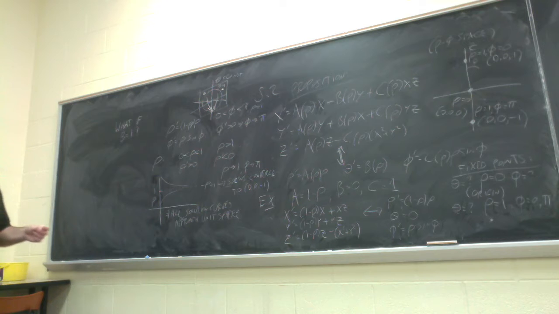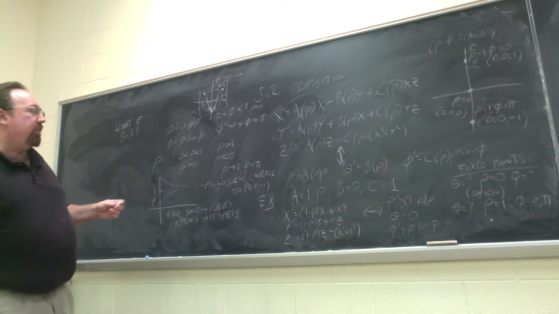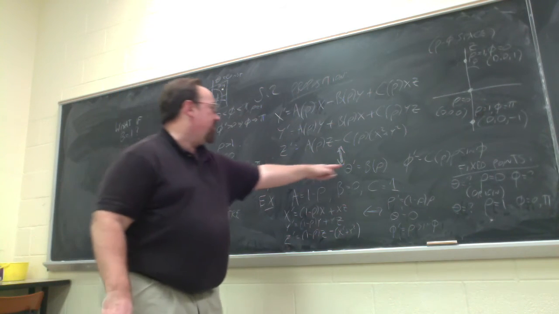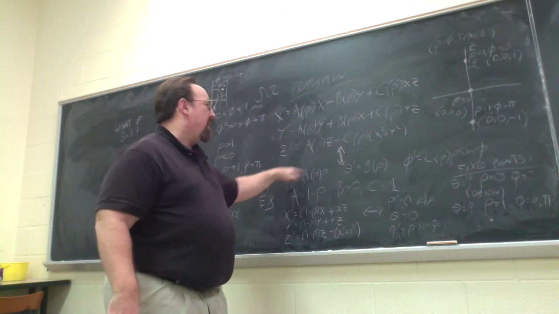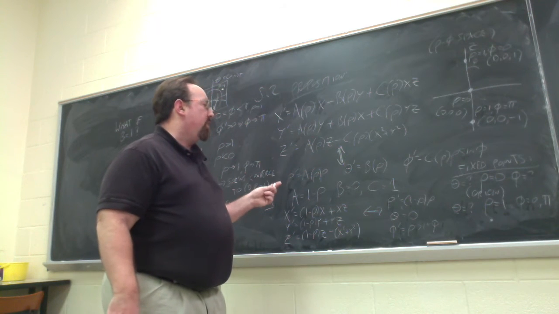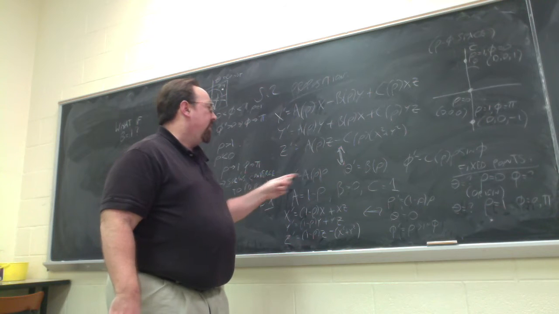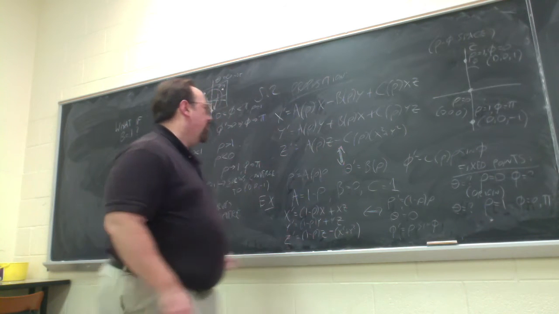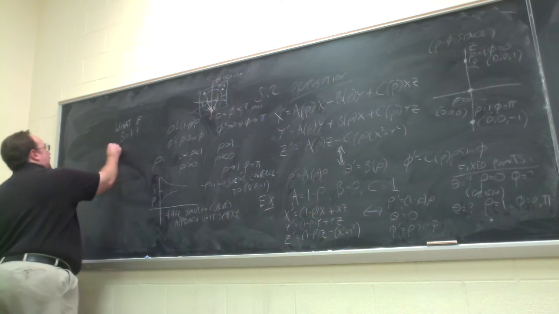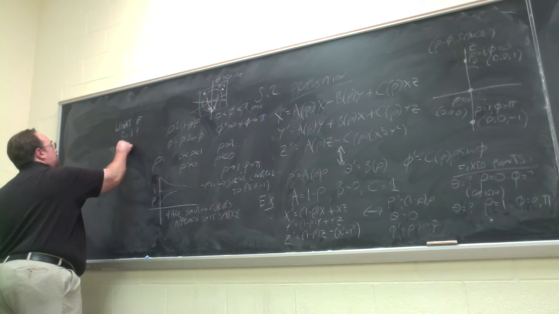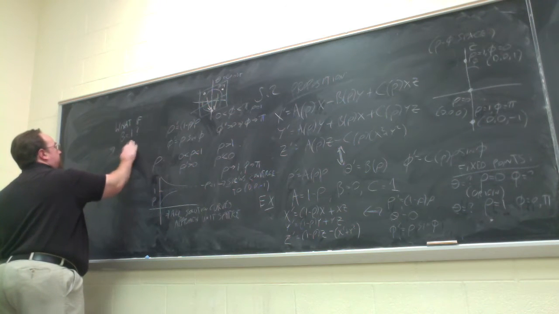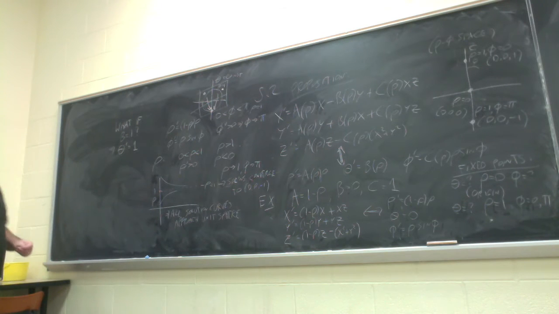So in that case, if I look at this proposition here, the equations for rho prime and phi prime are not going to change. However, this equation will. So I have a new equation, theta prime is equal to 1.